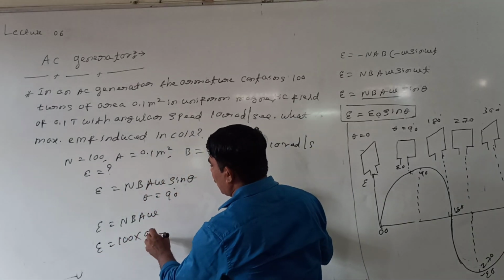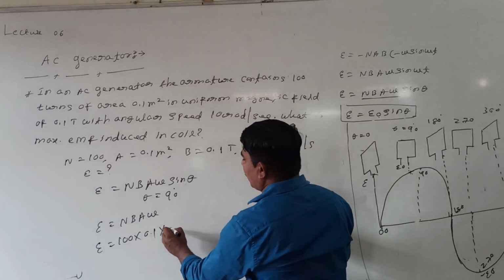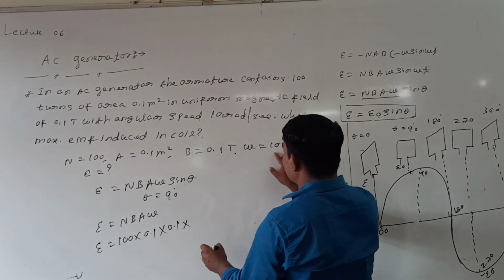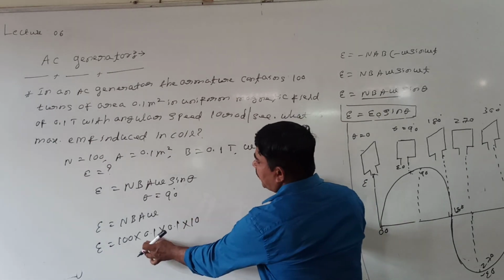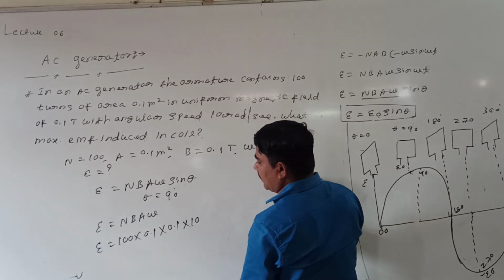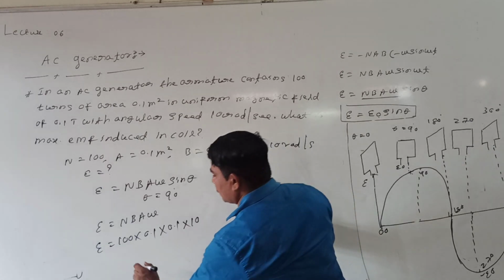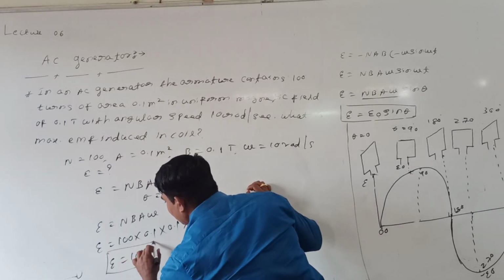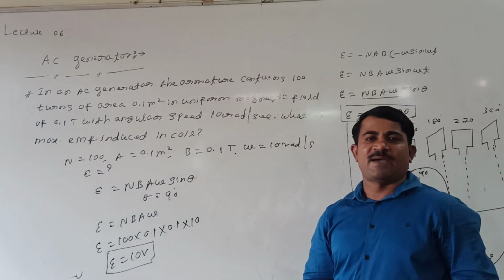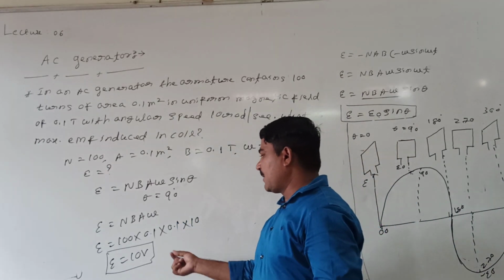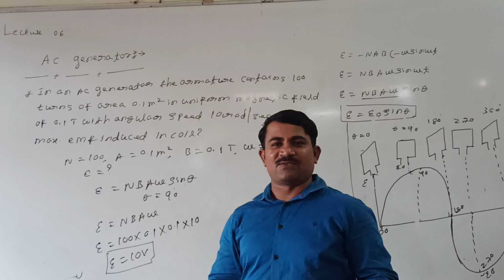B value is 0.1. Area is 0.1 meter square. Omega is 10. 0.1 into 0.1 is 0.01. 0.01 into 100 is 1. 1 into 10 is 10. Then what is the EMF induced in the coil? EMF induced in the coil is equal to 10 volt. I mean, when the coil is perpendicular to the uniform magnetic field, 10 volt EMF is induced.